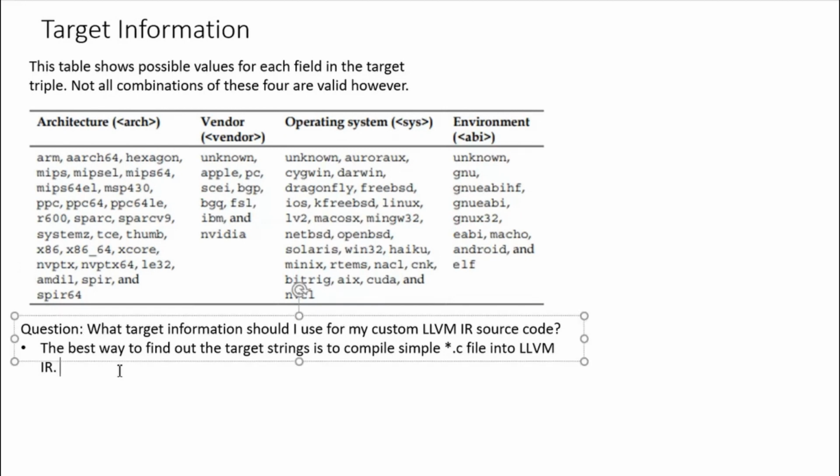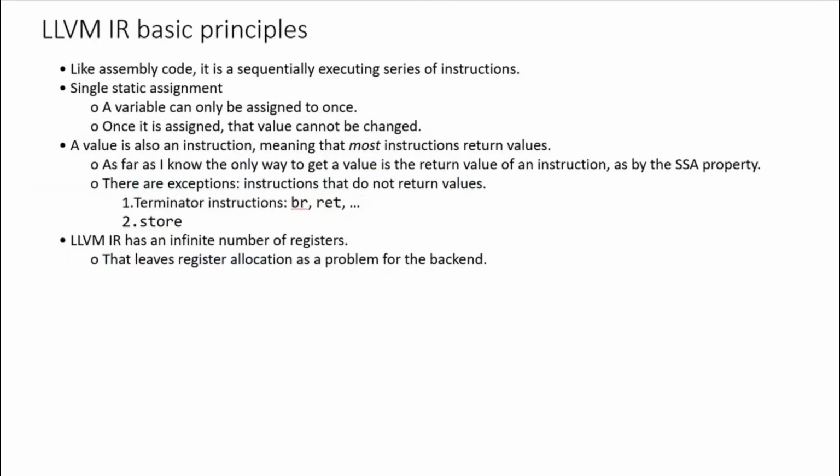So a question that you might have is, if I'm writing my own custom LLVM intermediate representation source code, what target information should I use? So my answer is the best way to find out the target strings would be just to take a simple C source file, compile it into LLVM intermediate representation, and copy paste those strings into your custom intermediate representation.